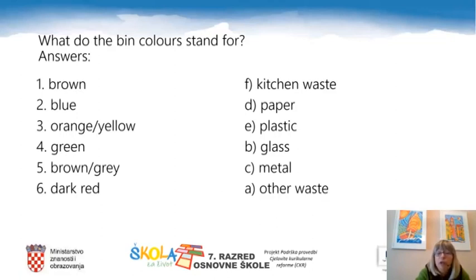I have put down brown or grey because the colors are different in different countries. For example, in Croatia, we have grey bins for disposing metal, and in other European countries they have brown bins for that.